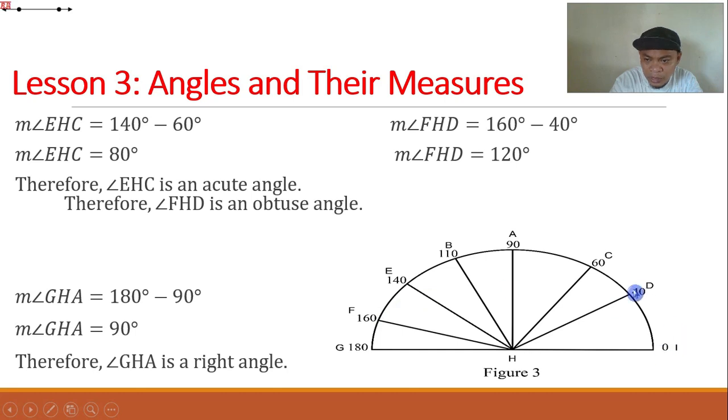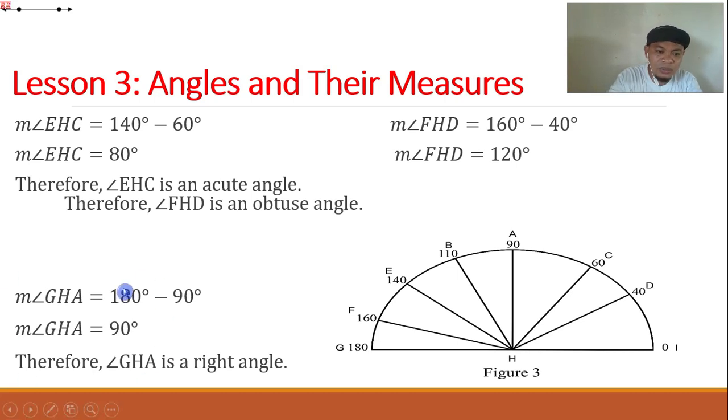Tapos from 0 papunta kay D, this is 40 degrees. So therefore, 160 degrees minus 40 degrees, the result is 120 degrees. So this angle FHD is 120 degrees. So therefore, angle FHD is an obtuse angle. Obtuse angle is more than 90 degrees but below 180 degrees.